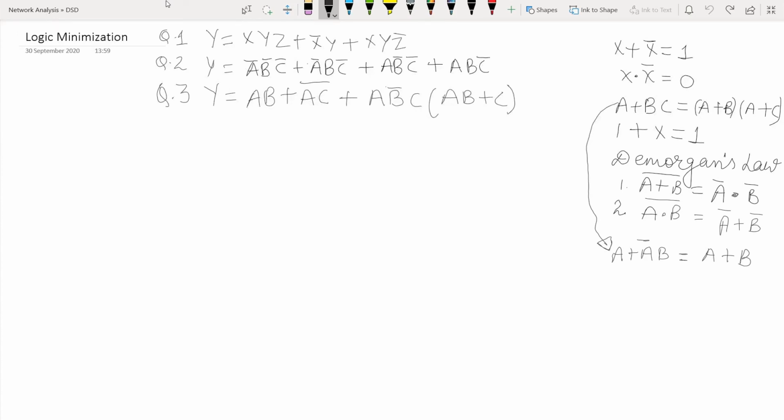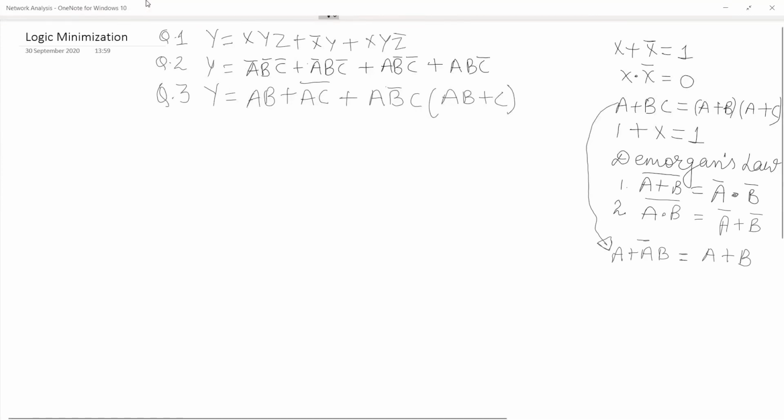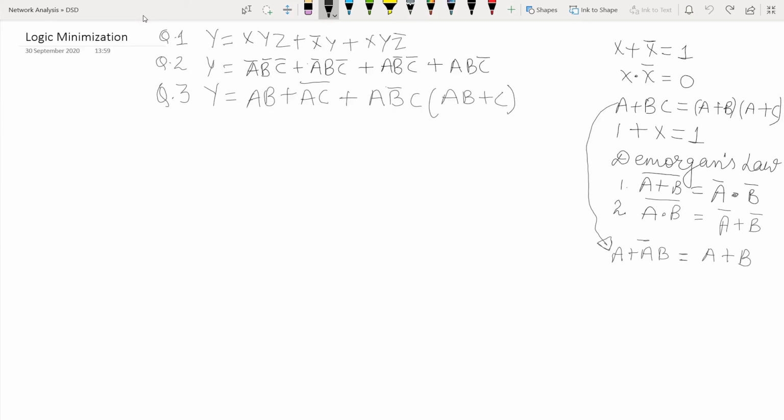Okay. So as we can see, for your convenience, I have already noted down a few of the axioms or the relations, distribution theorems, De Morgan's law, that we will be using in solving these expressions. X plus x bar equals 1, this is OR law. X dot x bar equals 0, this is AND law.